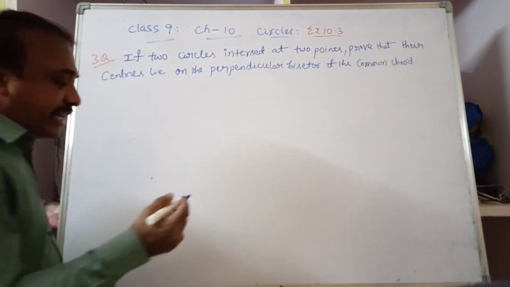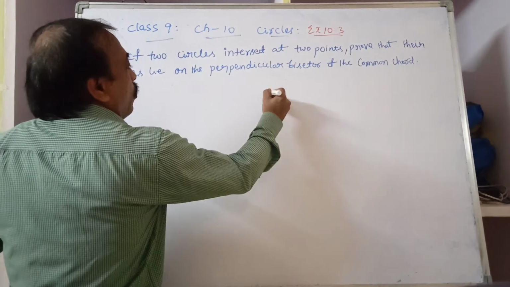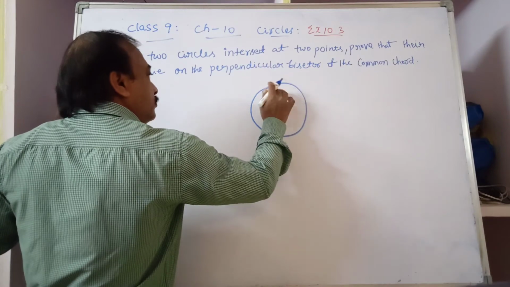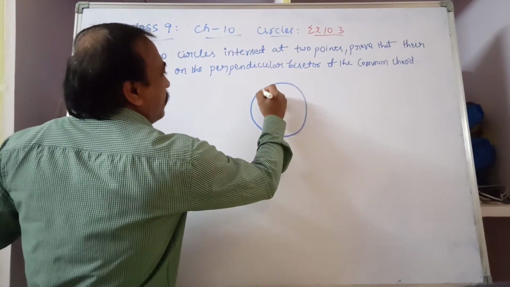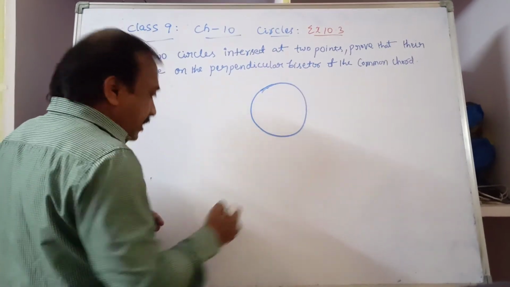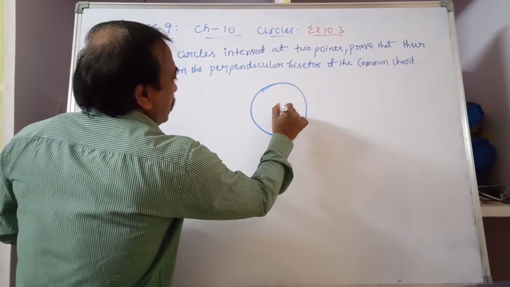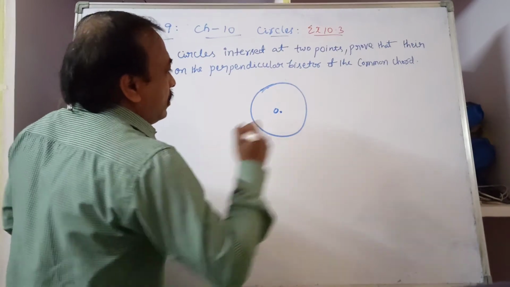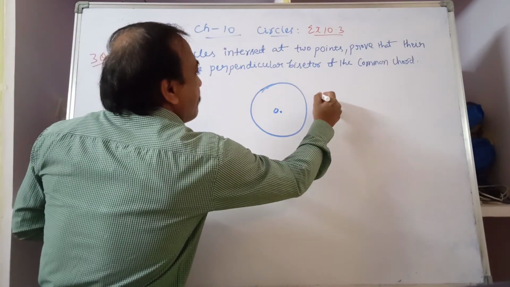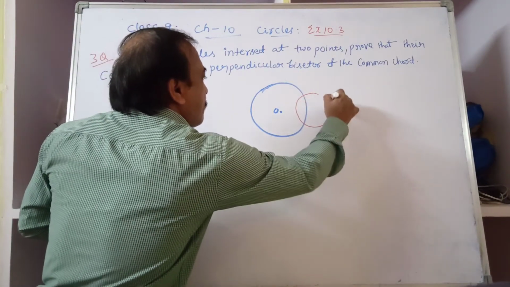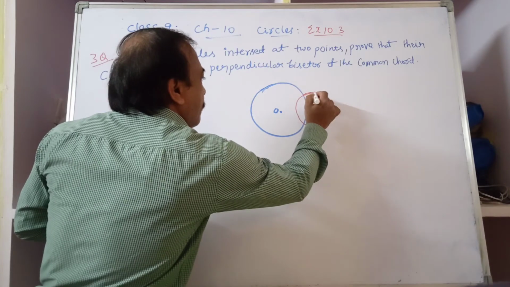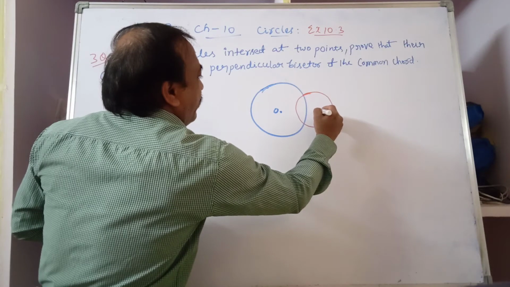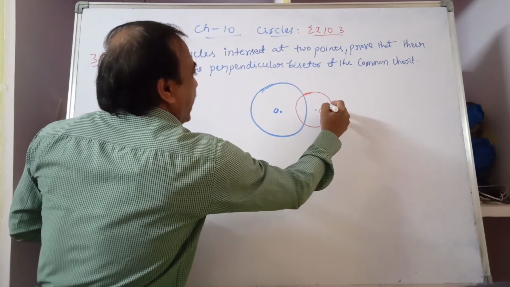Let us see how those two circles are. This is one circle with center O. There is another circle with center, we will assume, O dash.